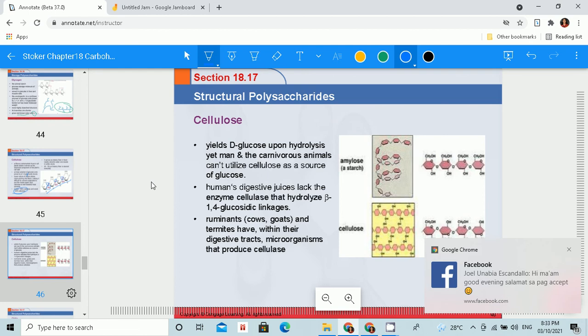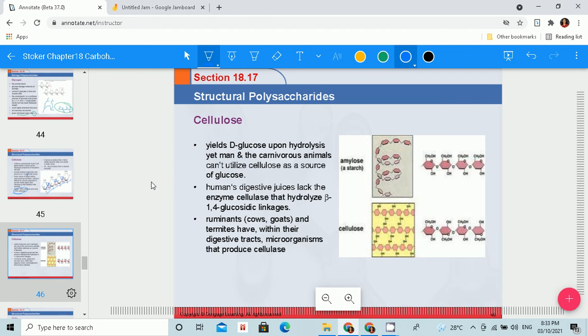Okay, so we have cellulose, which is from plants and gives them structure. And then when we eat that, for example alugbati or kangkong, as you can see, class, when we excrete, it's still kangkong, it's still alugbati.